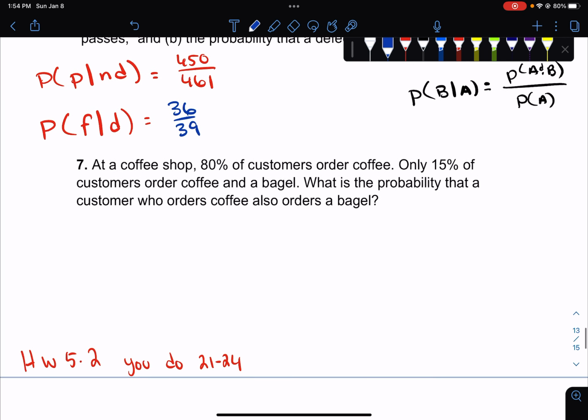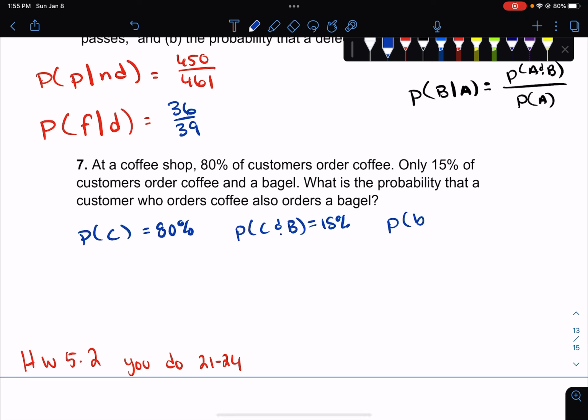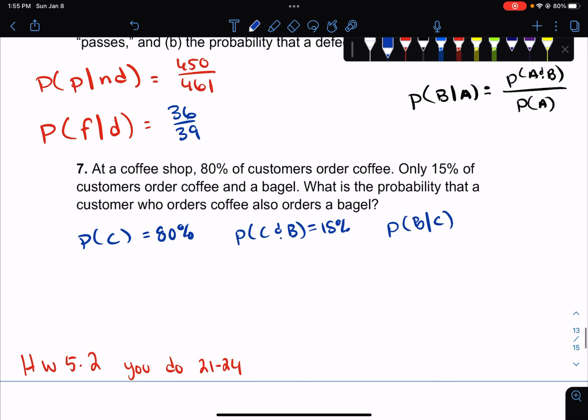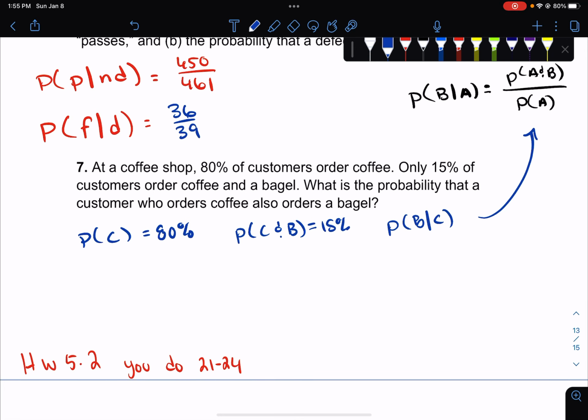I don't know. At a coffee shop, 80% of customers order coffee. So the probability of ordering coffee is 80%. Only 15% of customers order coffee and a bagel. So the probability of coffee and a bagel is 15%. What is the probability that a customer who orders coffee orders a bagel? I can use my formula to set this one up.